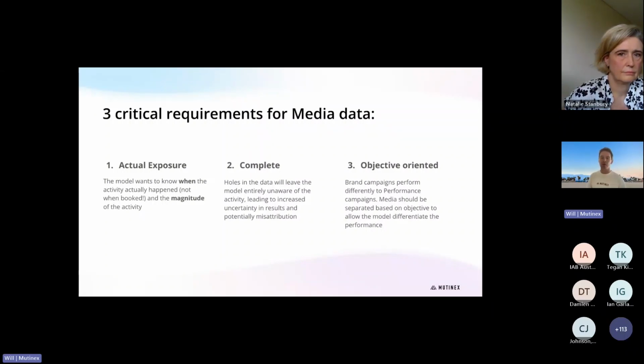When is that channel being used for some upper funnel activity, some mid funnel, and some lower funnel? That's going to give it a much more accurate picture of the saturation curves of the channel at those different objectives, and the ad stocks of those channels for those different objectives. So one channel doesn't necessarily always perform in the same way. We want to make sure we've categorized it as appropriate.